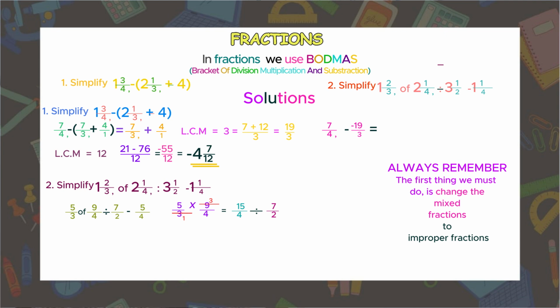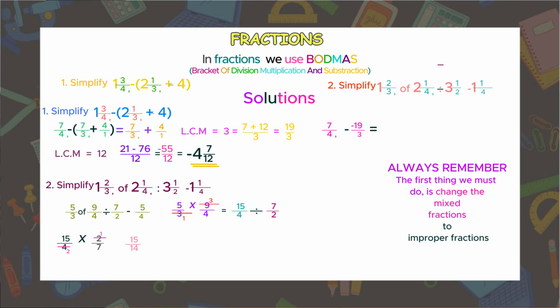That means we are going to have 15 over 4 multiplied by 2 over 7. 2 here, 1. 2 in 4, we have it as 2. That means we have 15 over 2 multiplied by 7, 14.